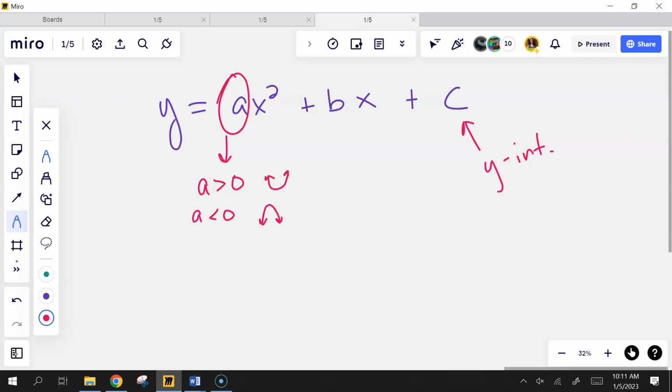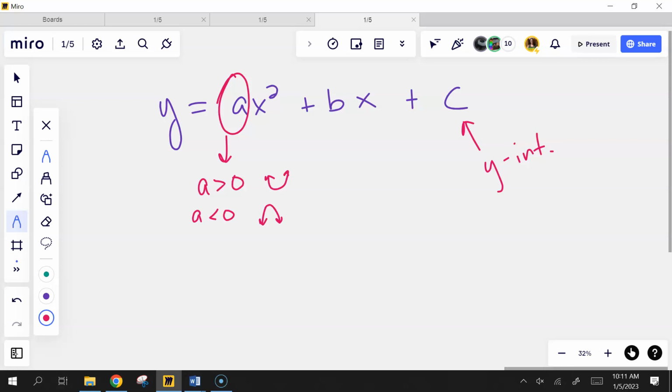Now here's the other thing A tells me. Do y'all remember learning about graphic transformations? If you multiply by a number, if it's a shrink or a stretch, does it go this way or this way? Do y'all remember doing that? If you don't, it's okay. A is my stretch or shrink factor here. So it's going to tell me if my parabola is going to be wide or if it's going to be skinny.